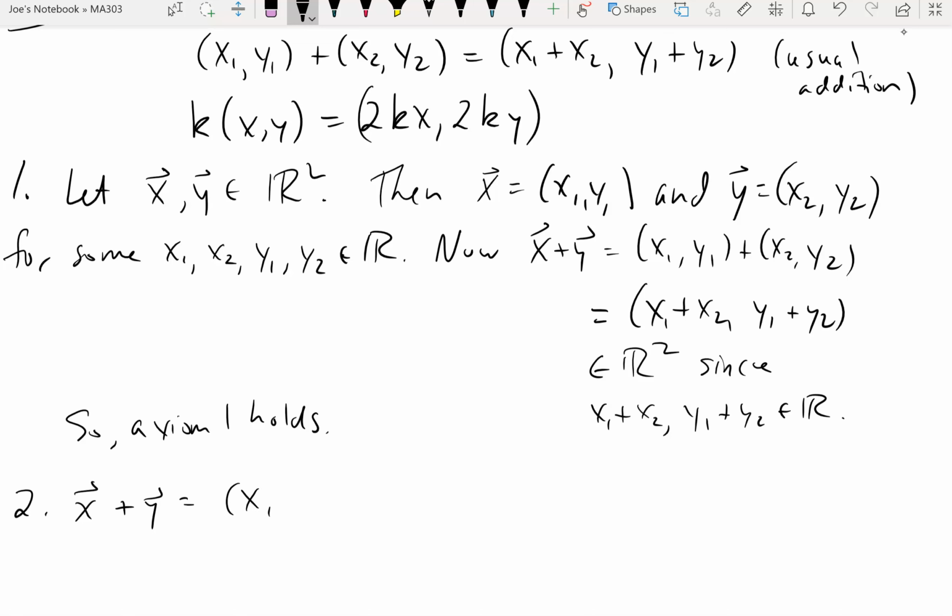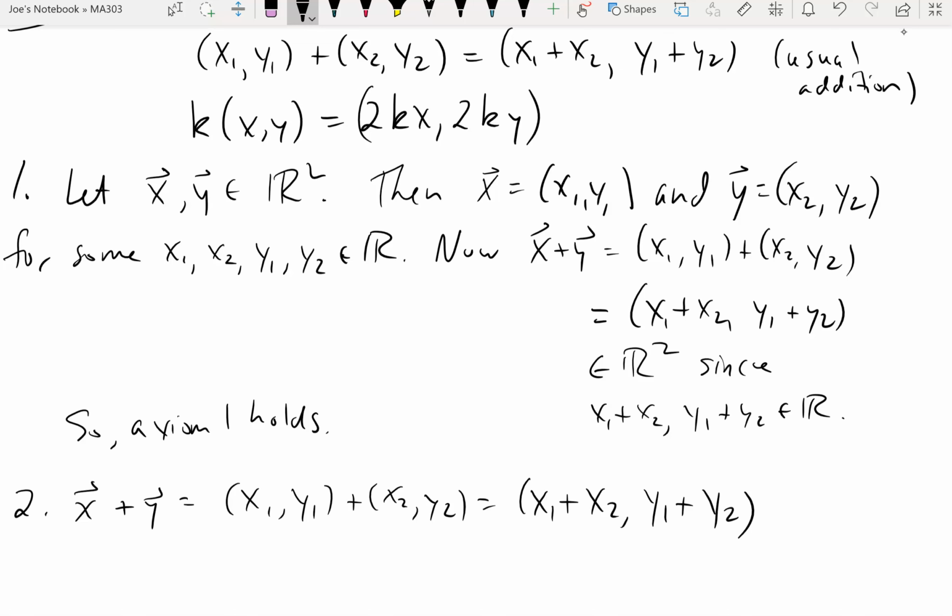All right, so this one says we want x1, y1 plus x2, y2. We said that the addition is just regular old addition. Now, inside the vector, inside each component, what are we adding in each component? Real numbers, right? And we know real number addition is commutative.